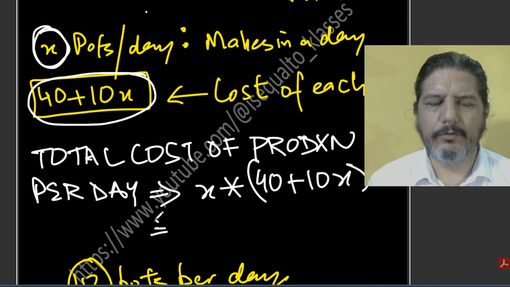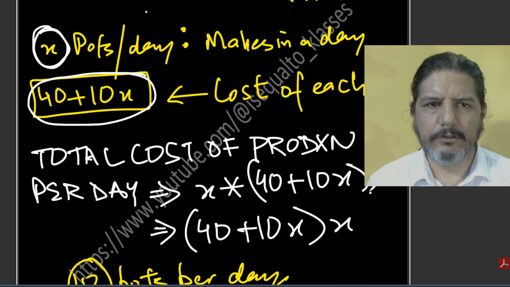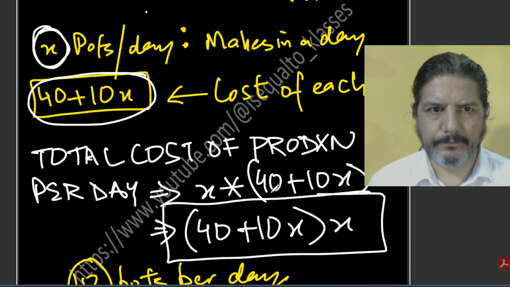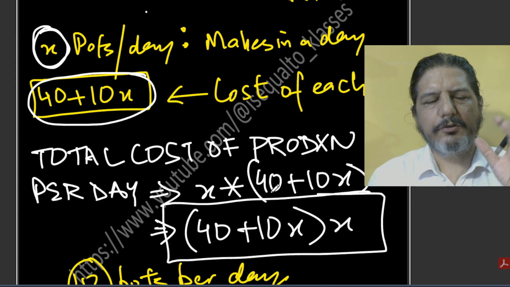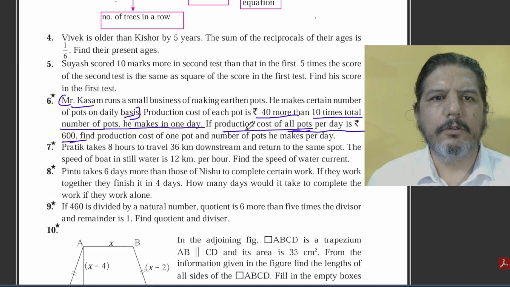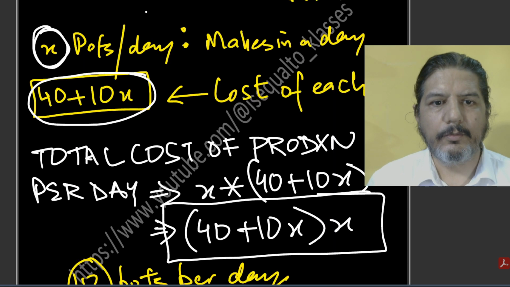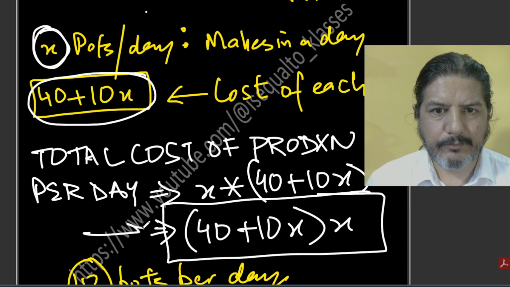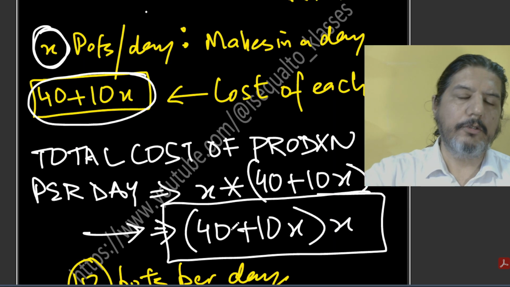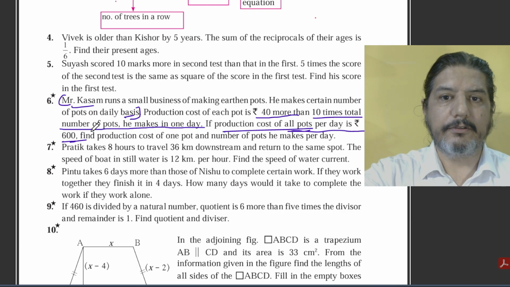So basically, in terms of algebra, we can write this as 40 plus 10x into x. This is his cost of production per day, and this is equal to the production cost of all pots per day, which is rupees 600. So what we have written here is equal to the total cost of production of all the pots, that is rupees 600.